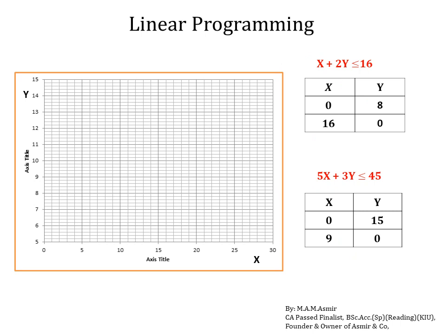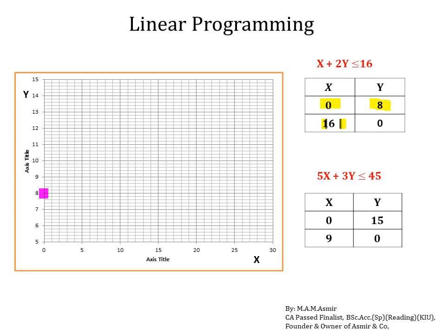Now, when drawing the graph, we usually just stay in the first quadrant, where both x and y are positive because of the non-negativity constraint. For the first constraint, we have the point where x is 0, y is 8, and where x is 16, y is 0.